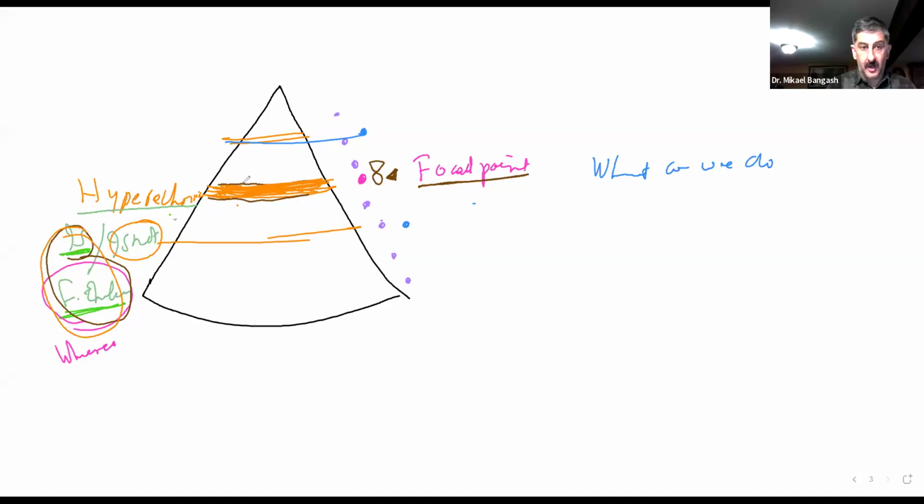Now, practically, whether it was a structure at this depth that was just overly bright, you may just reduce the brightness of it.